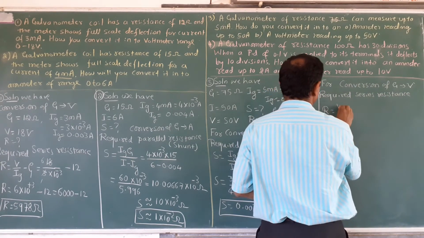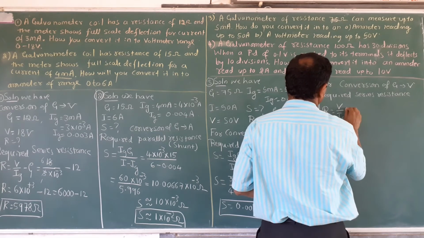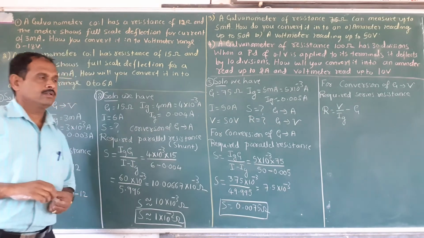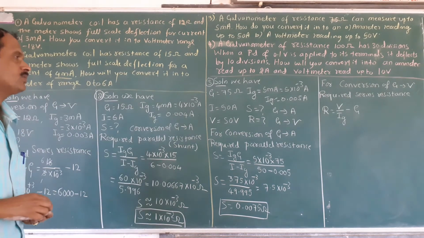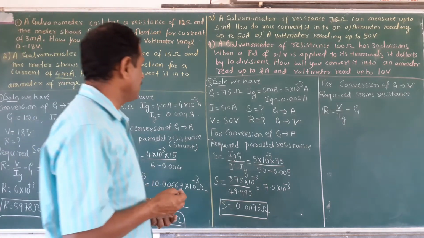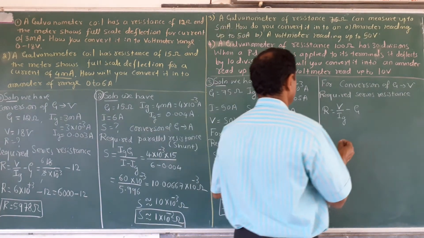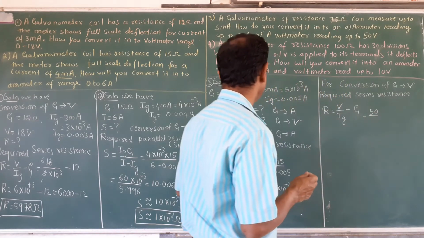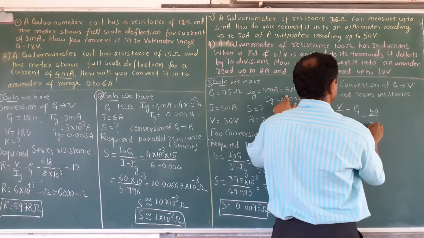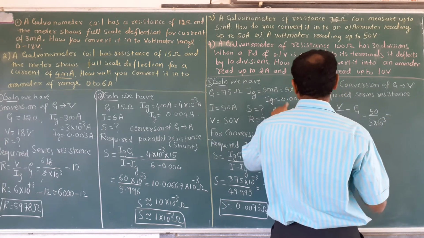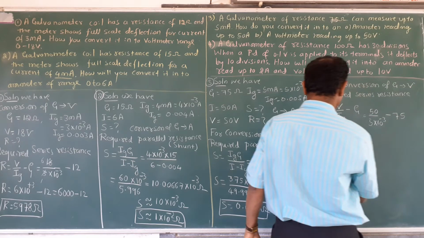R is equal to V upon Ig minus G. Now the series resistance formula is R is equal to V upon Ig minus G. What is V? Voltmeter reading up to 50 volt. Therefore this is 50 divided by Ig, which is 5 into 10 to the power of minus 3, minus G, which is 75.